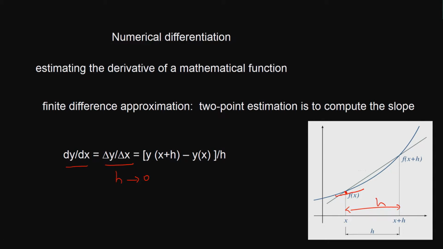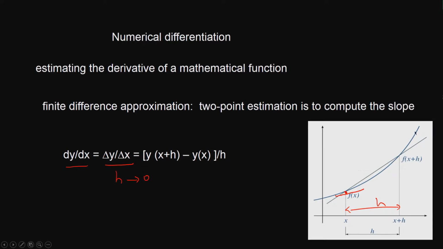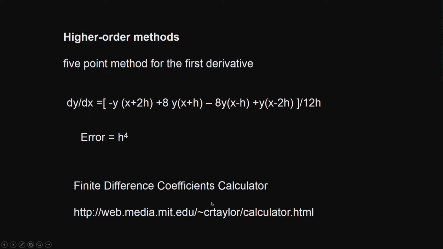If h is 0.001, you may get 0.1% error. If h is 0.01, you may get 1% error. If h is 0.1, you may get 10% error, depending upon how the equation is, because if you have a parabolic type of a relationship, errors could be much larger.